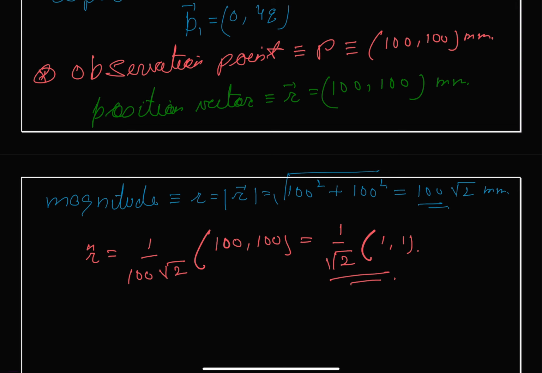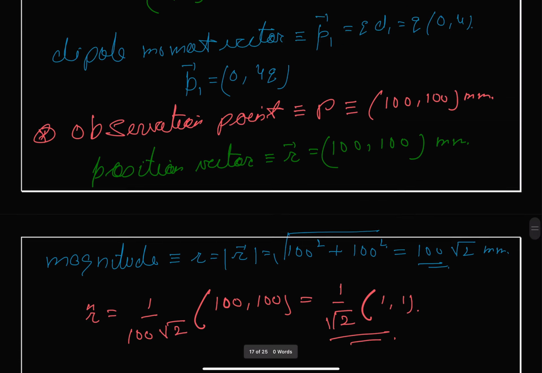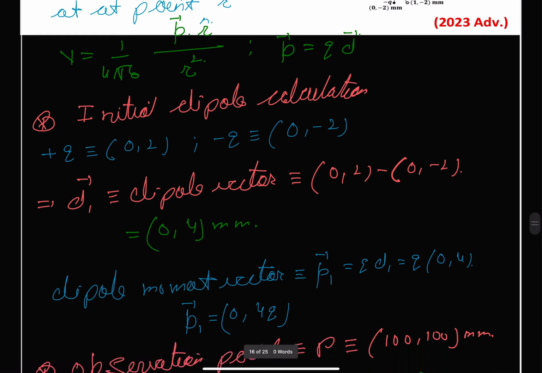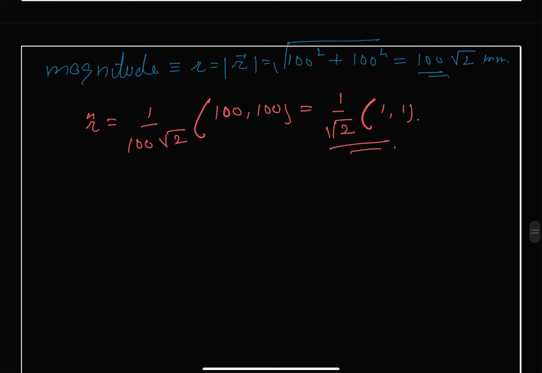And then in the numerator we have a dot product of our dipole moment and the unit vector. So let's find that also. The dot product is our dipole moment P1 and our R unit vector. P1 we found as (0, 4q), dotted with the unit vector 1 upon square root of 2 times (1, 1).